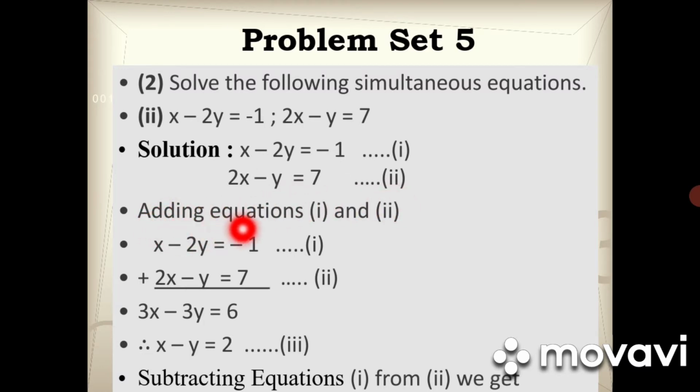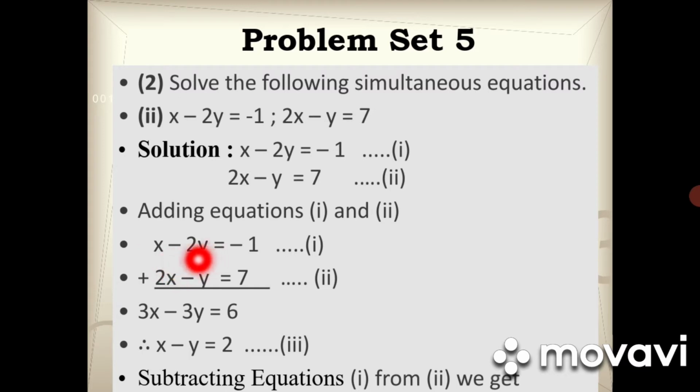Adding the two equations, that is equation 1 and 2, x - 2y + 2x - y = -1 + 7. Therefore 3x - 3y = 6. Dividing both sides by 3, we get x - y = 2. Let this be equation 3.